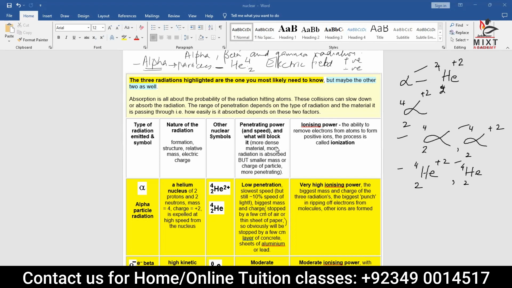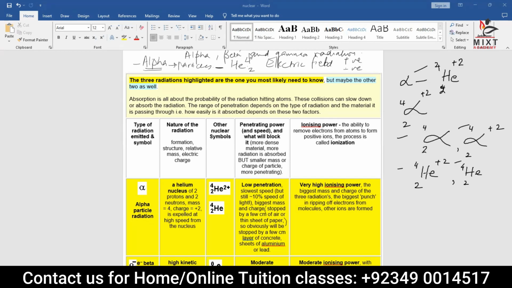You can stop them very easily by using a paper sheet. You put a paper sheet right in front of alpha particles and they will be stopped. Paper sheet will absorb those alpha particles. Right? Any issues? No, sir.